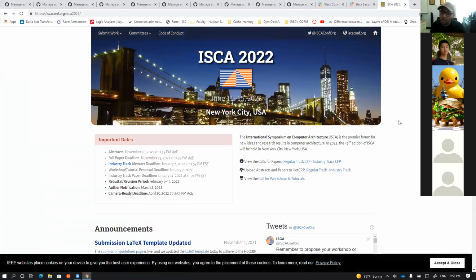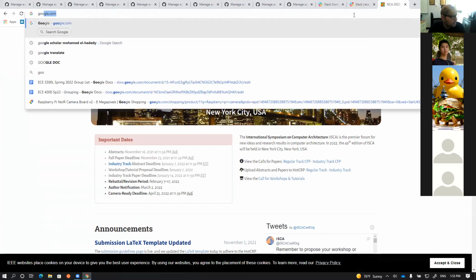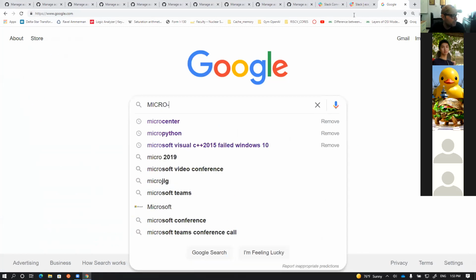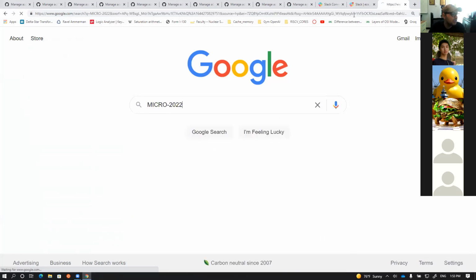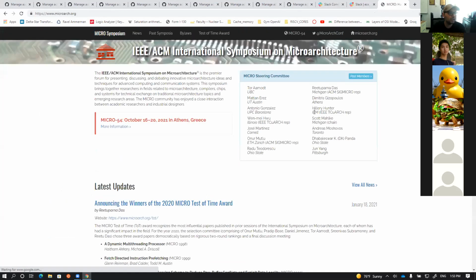This is more into software architecture, and you can look into their proceedings to learn what new thing is happening every year. There is another one called MICRO, which is more into hardware architecture, the International Symposium on Microarchitecture. Those are the top venues in computer architecture.